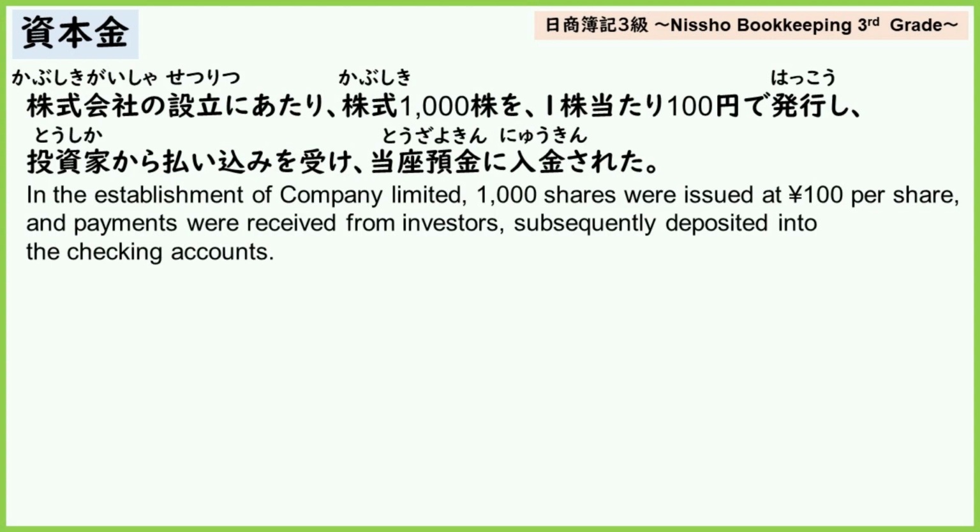When managing a company limited, the money received by the company from investors through the issuance of stocks is termed as share capital. In the establishment of Company Limited, 1,000 shares were issued at 100 yen per share, and payments were received from investors, subsequently deposited into the checking accounts.